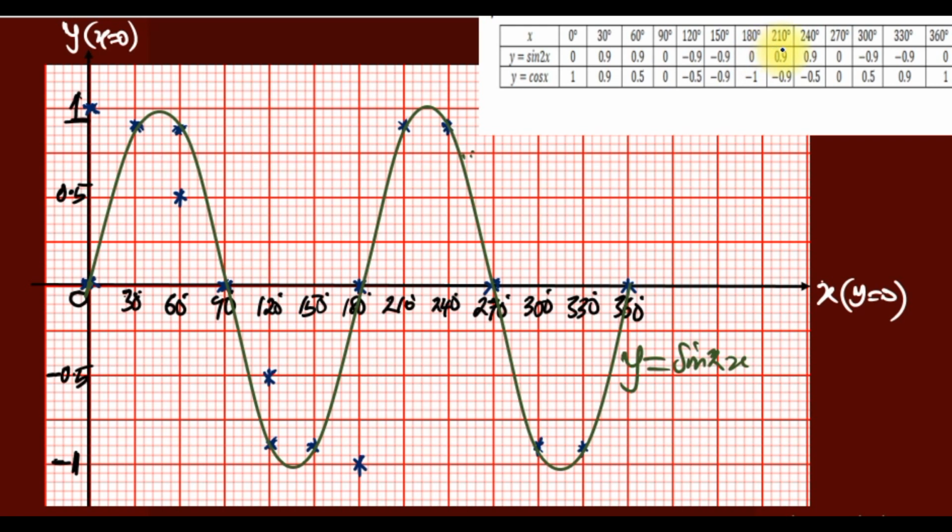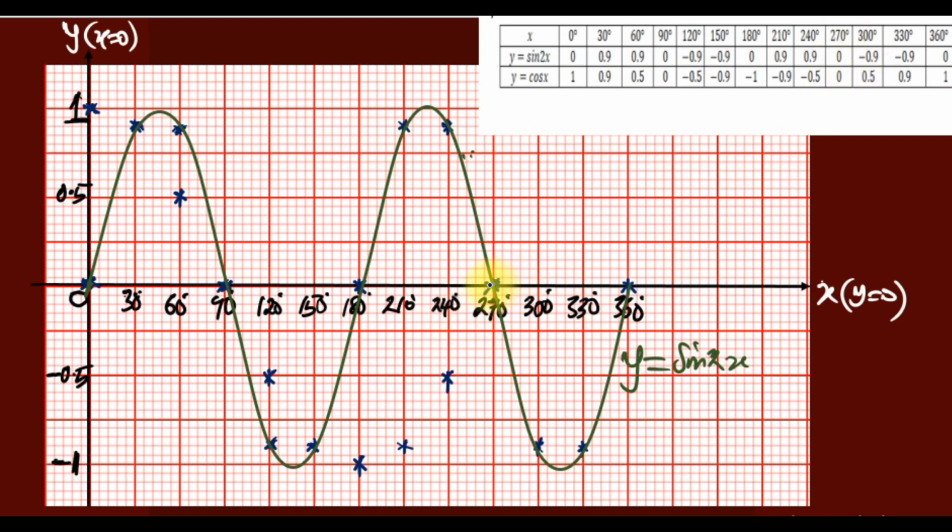When it is 210, we have minus 0.9. Remember, 0.9 is 18 down here: 5, 10, 15, 16, 17, 18. When it is 240, minus 0.5, 240 minus 0.5 is here.